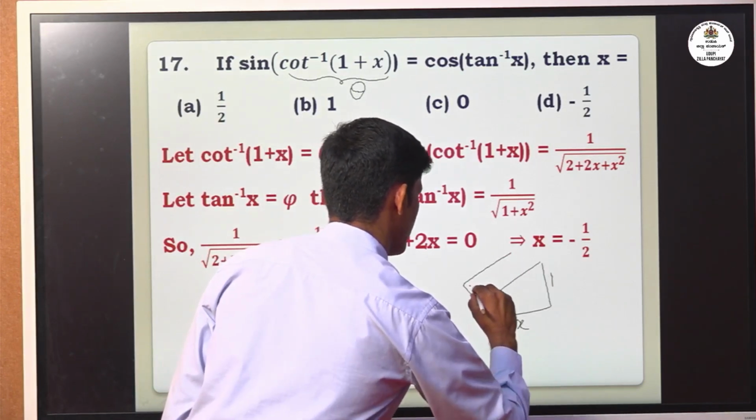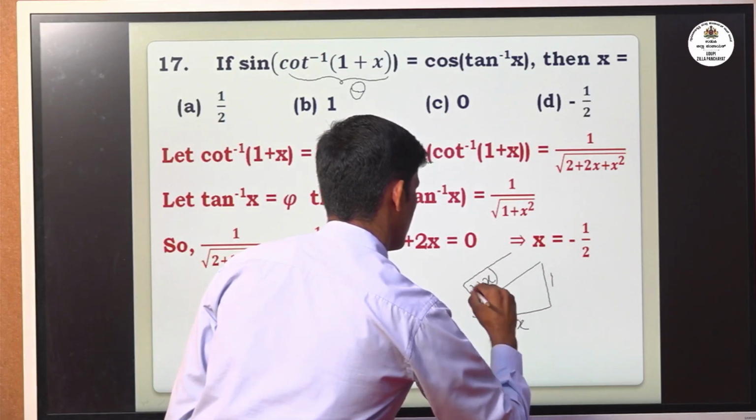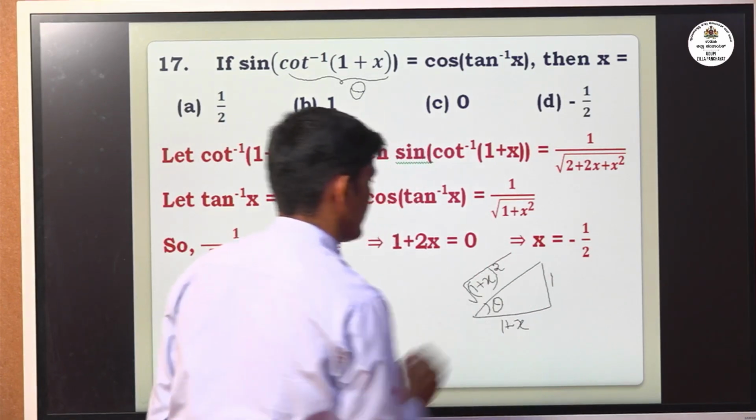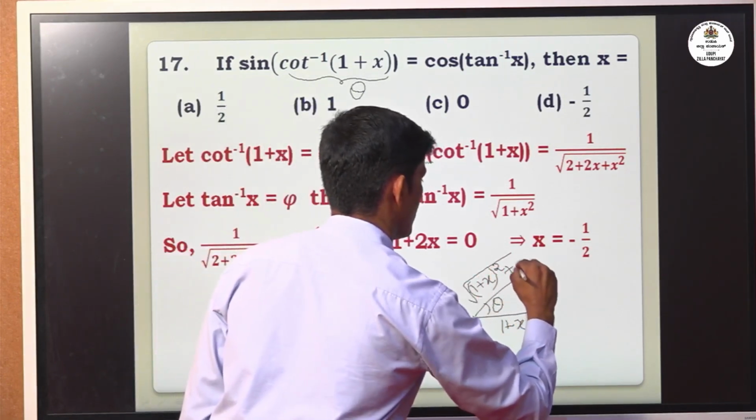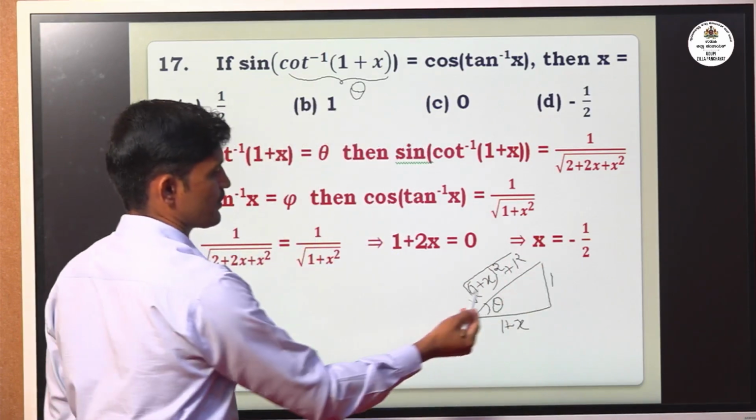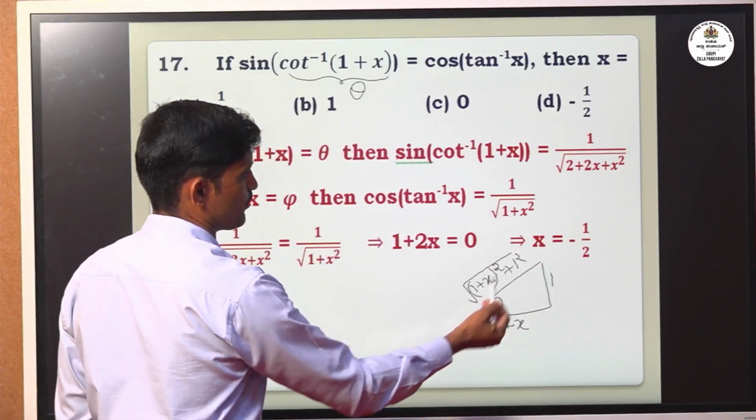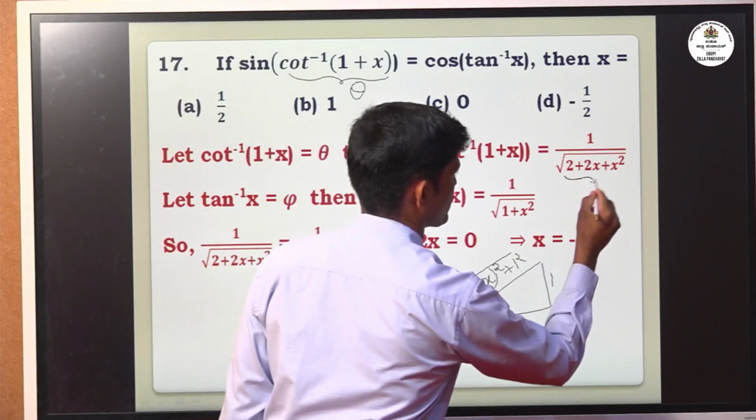That is 1 plus x square plus 2x plus 1. So this becomes x square plus 2x plus 2.